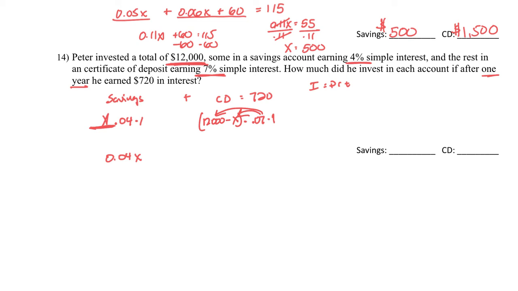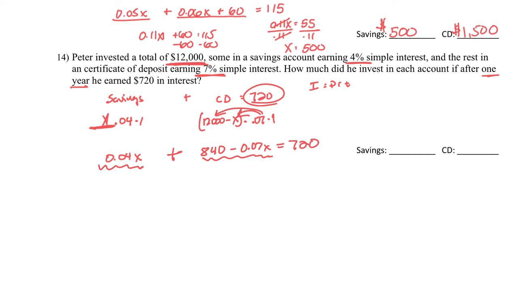All right, we get $840 minus 0.07x. And I know that the interest that we earn from savings plus the interest we earn from the CD has to equal that grand total of $720 that we decided.